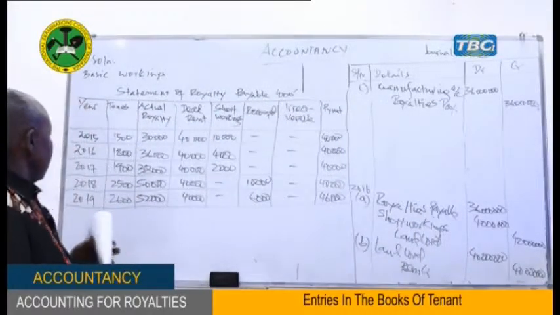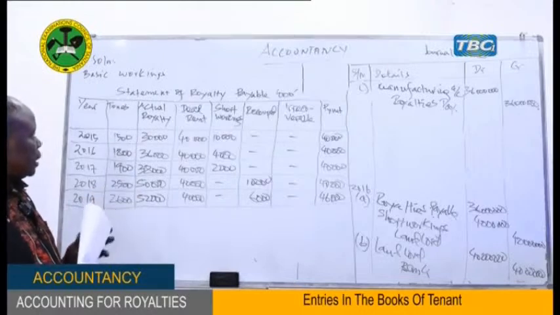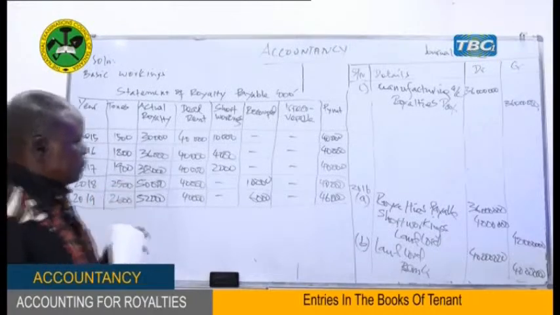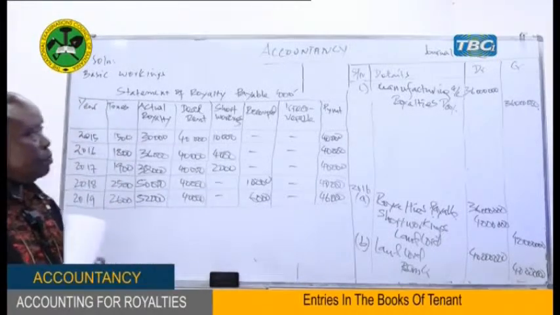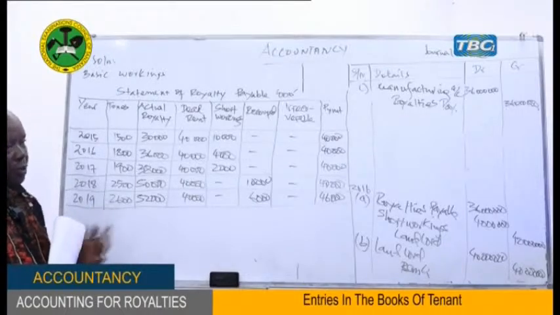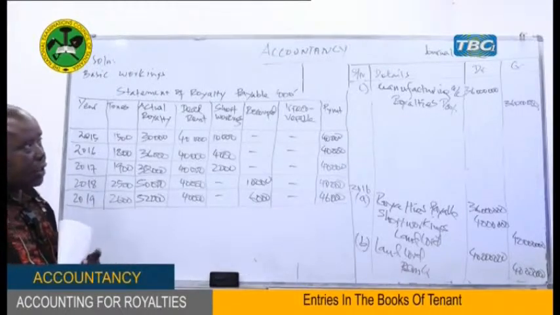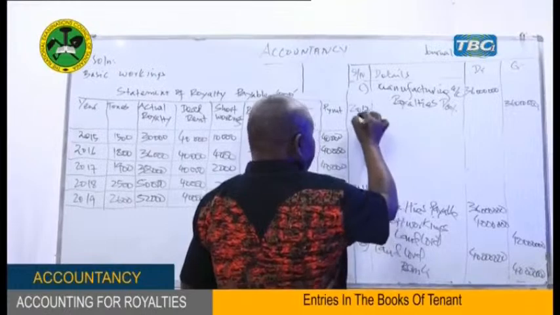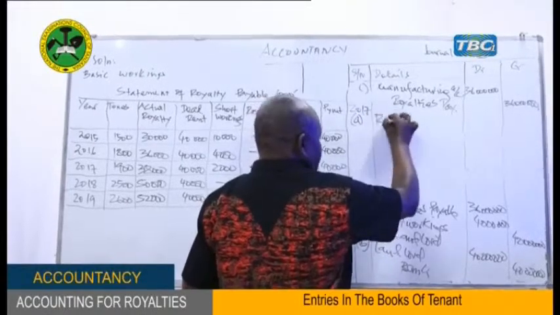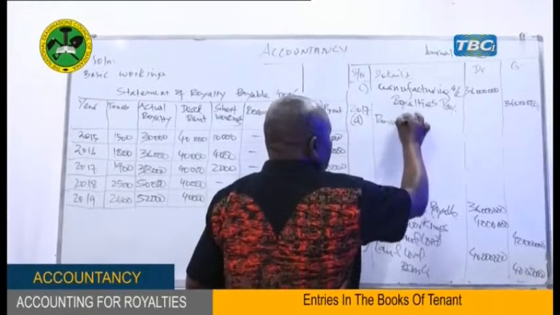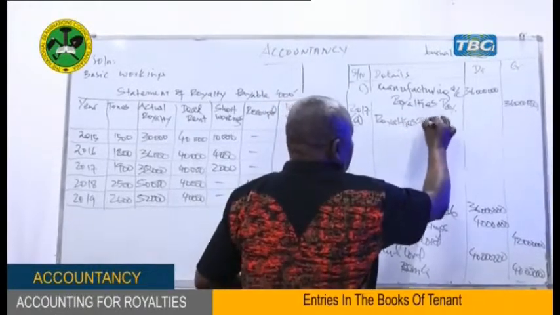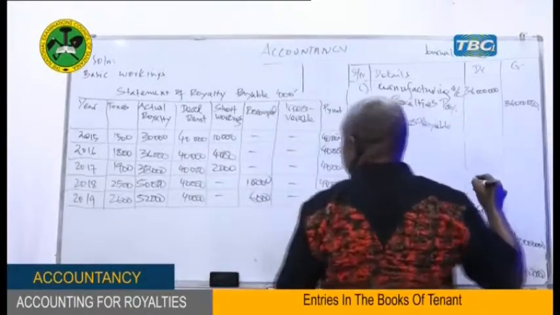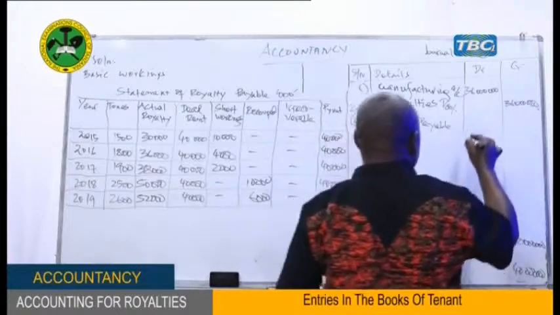Then 2017, the actual royalty is 38 million. So we still have short workings of 2 million. So we are going to do the same as we did in 2016. So 2017 now, A, we debit royalties payable. The amount is 38.